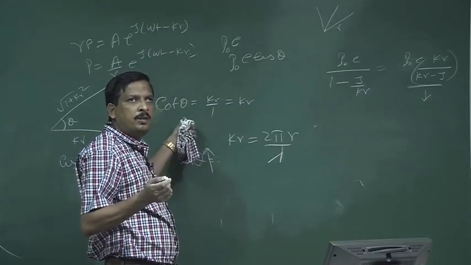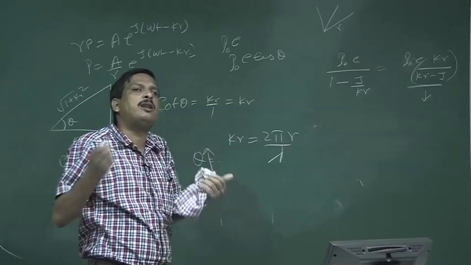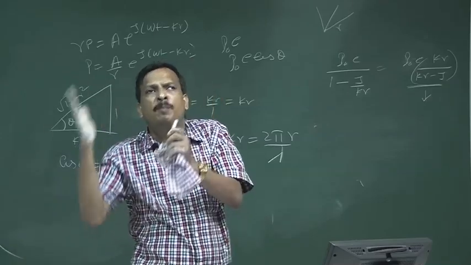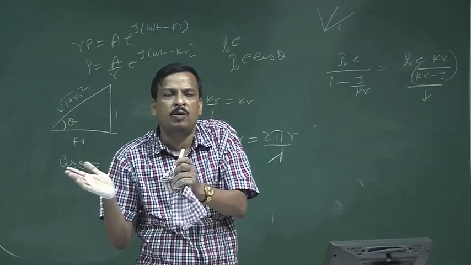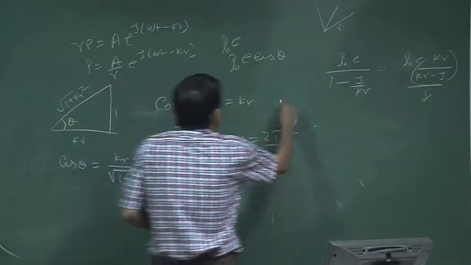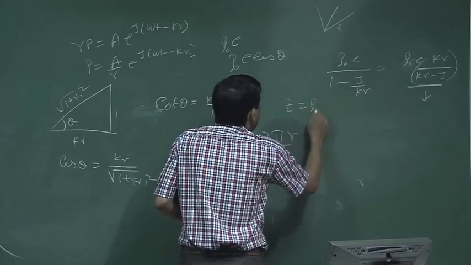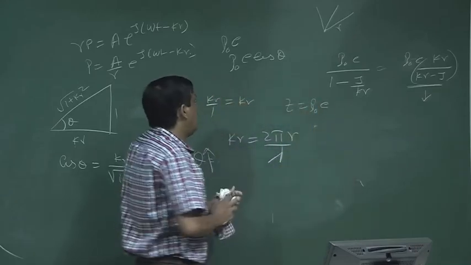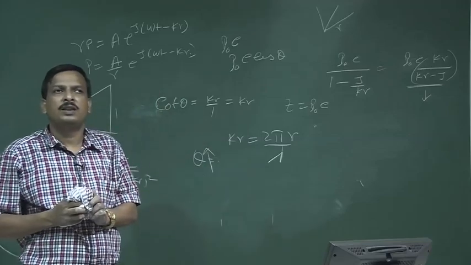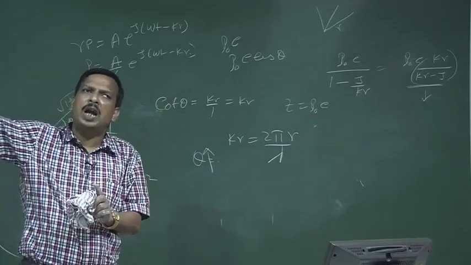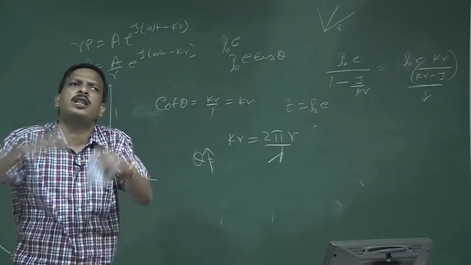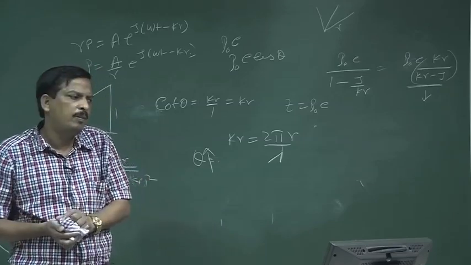Theta being very small means the angle between the pressure wave and the particle velocity will be almost nil. So, in that case, Z becomes rho 0 c cos 0, which is 1. So, far away from the source, it looks like a plane wave, although it is a spherical wave.